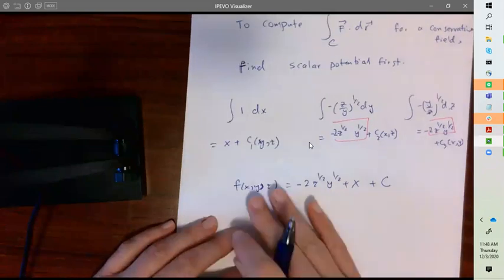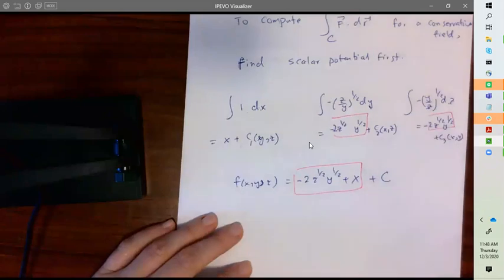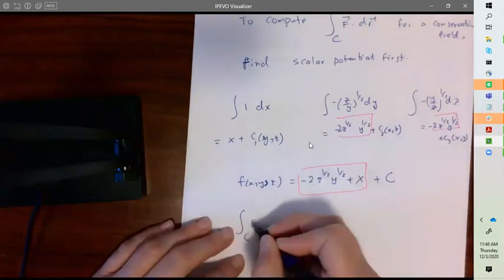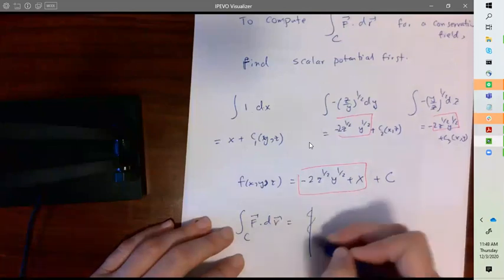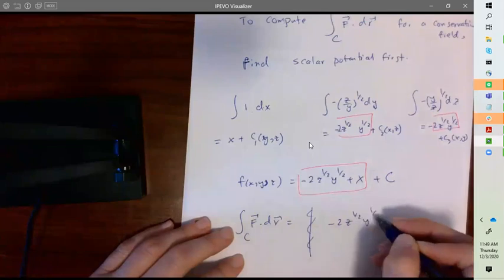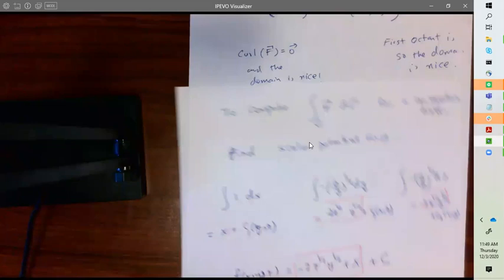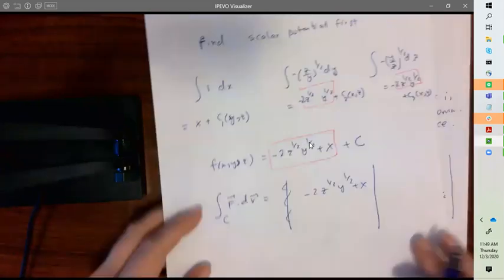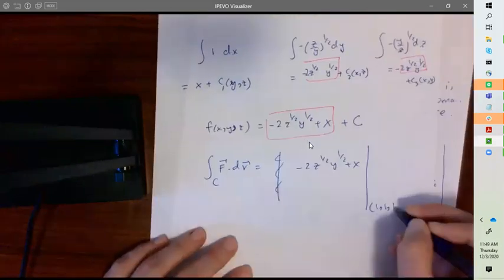Now that I have this, all you need to do to find this integral is to plug in, negative 2z to power 1/2, y to the power 1/2 plus x, and plug in the endpoints. What were the endpoints? Endpoints were 1, 1, 1 and 10, 3, 3.